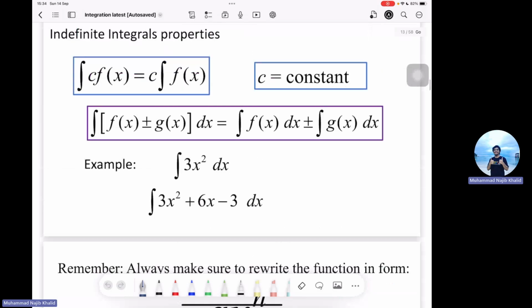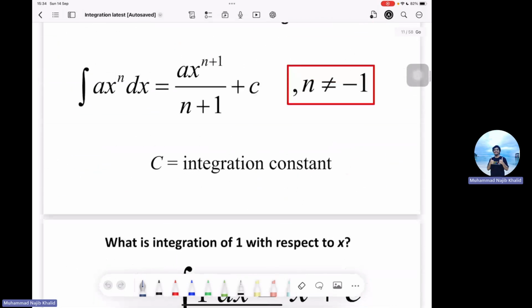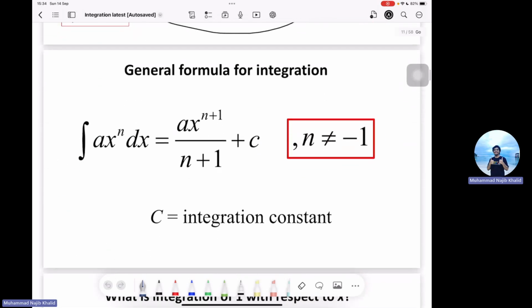All right, so last week we have done the first formula to integrate the function of algebra. To integrate this function of algebra, you need to simply use the equation ax^n, giving ax^(n+1) divided by n+1, and don't forget to place plus c as our constant of integration.